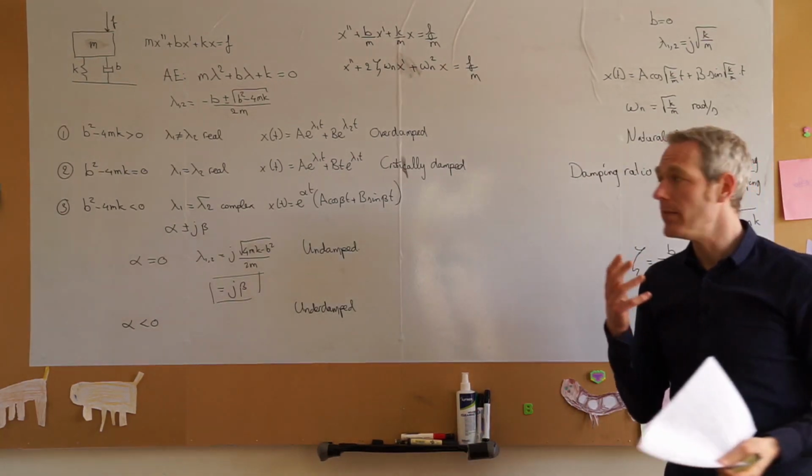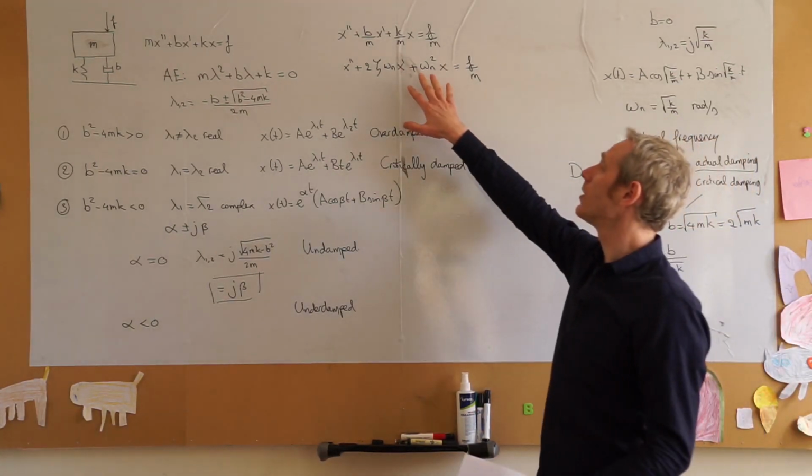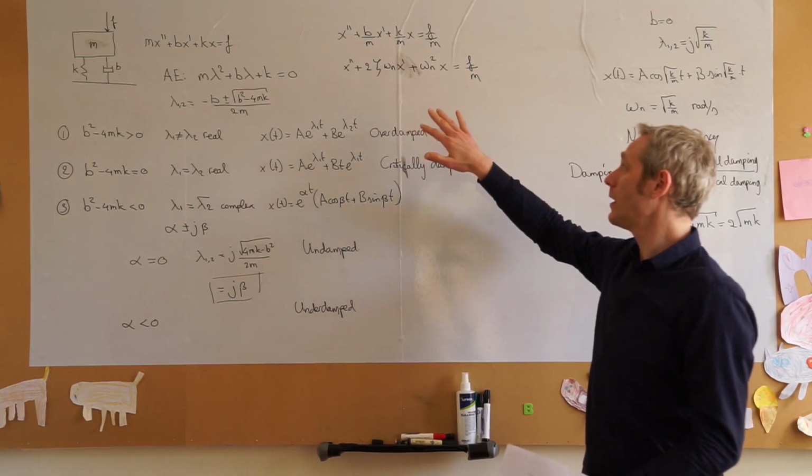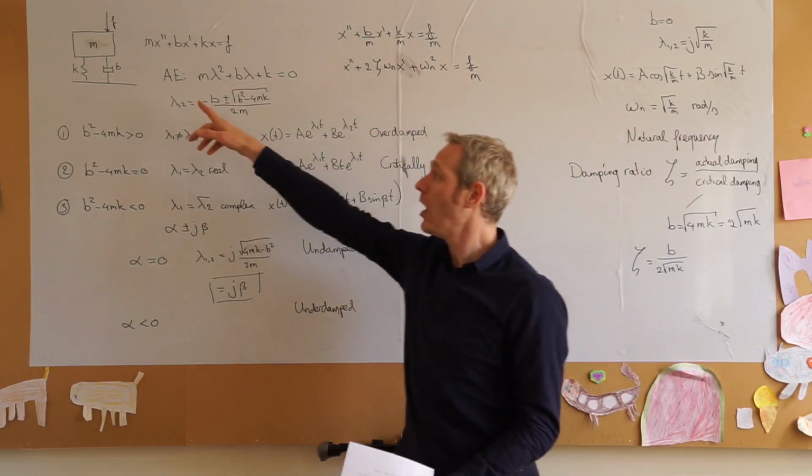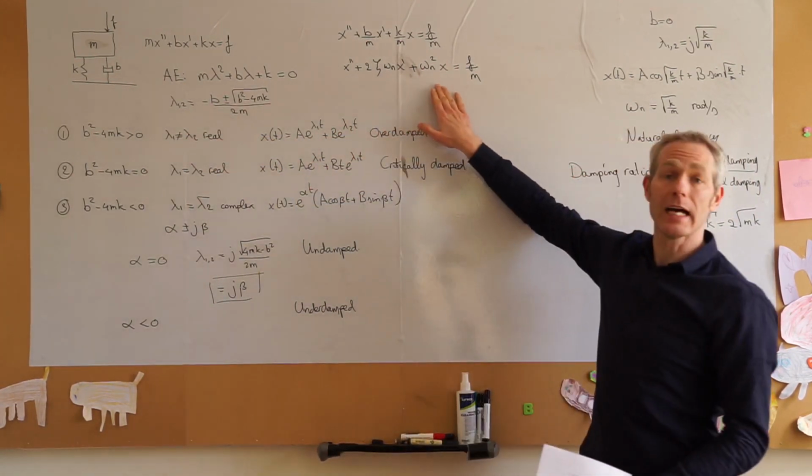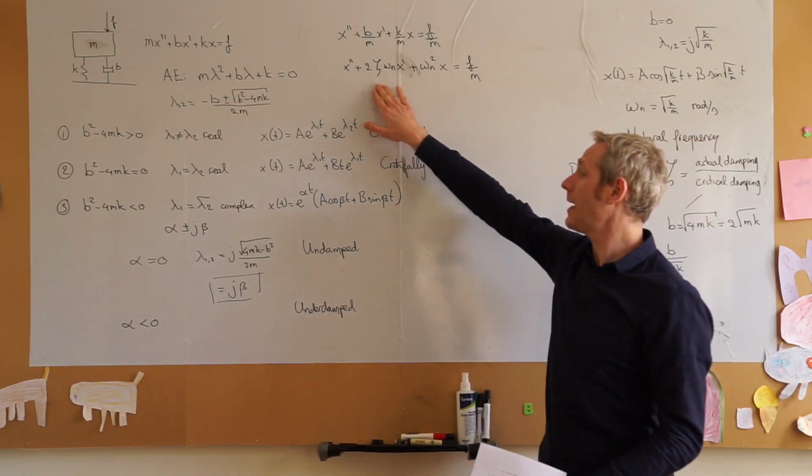But the benefit now is that we can characterize all second order differential equations, or second order systems of this type, in terms of their natural frequency and their damping.